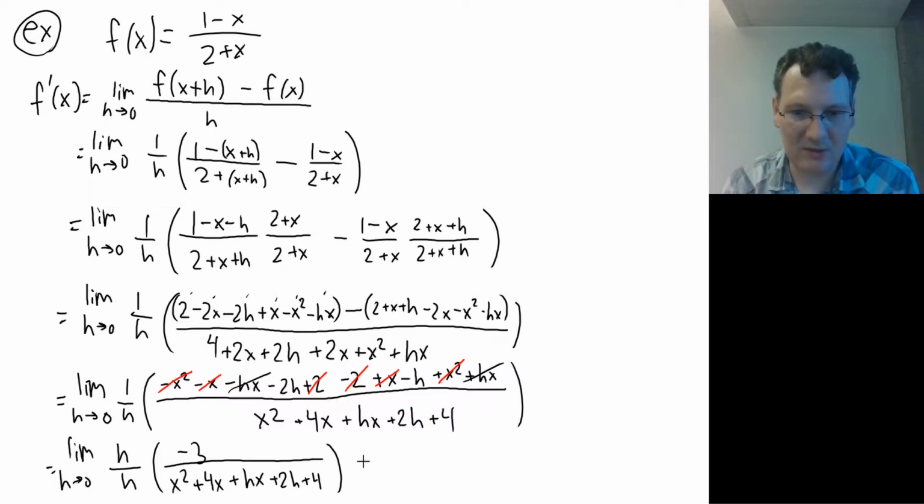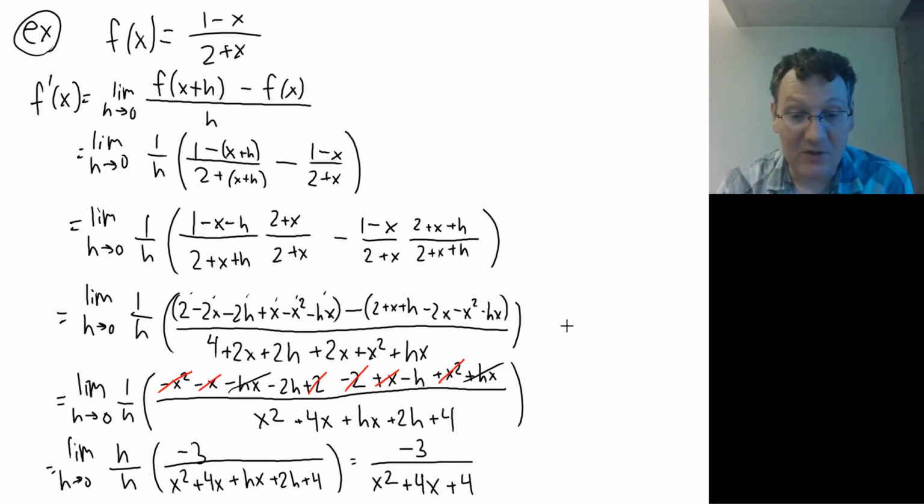And now we're going to get the limit as h goes to 0. All of the h terms are going to be gone. And so we're going to have minus 3 over x squared plus 4x plus 4.